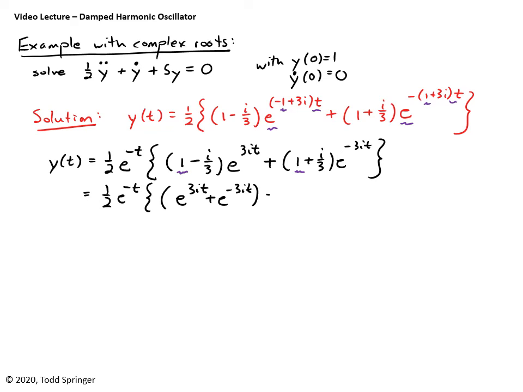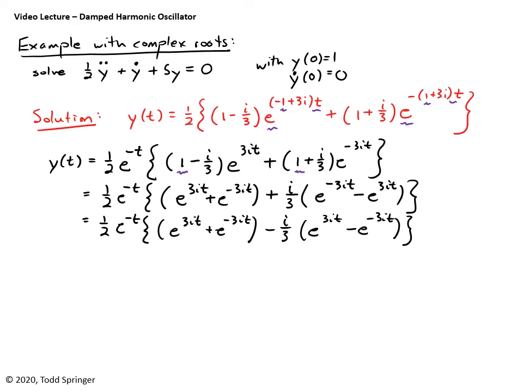And then we're going to put together everything that has an i in it. So i, and let's put the i over 3 out front because the only imaginary parts have i over 3. And then I've got here e to the minus 3it minus e to the 3it. Let me do one more step where I flip the sign in the last term there. Like that. Okay.